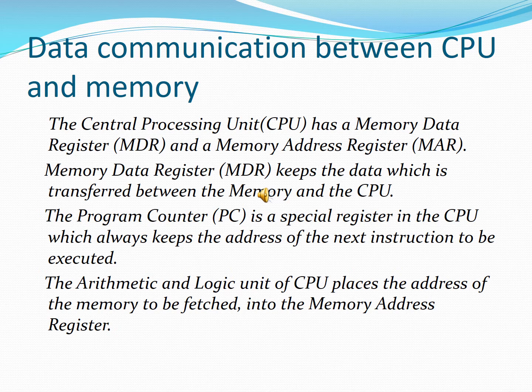The program counter is a special register in the CPU which always keeps the address of the next instruction to be executed. The arithmetic and logic unit of CPU places the address of the memory to be fetched into the memory address register.